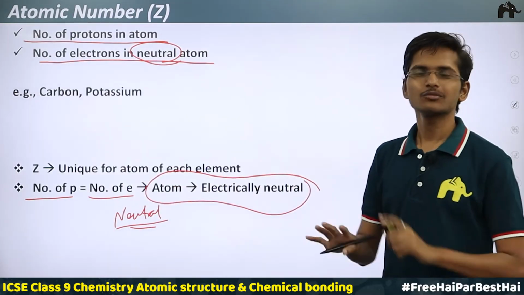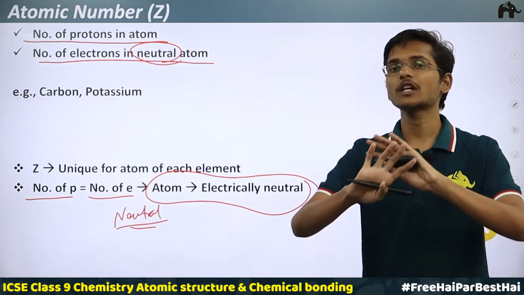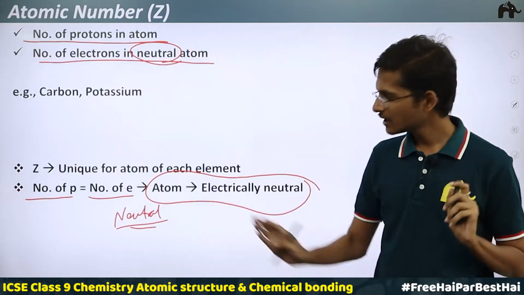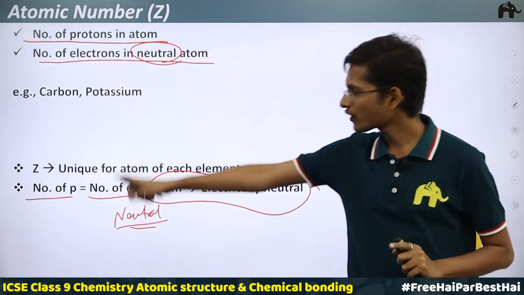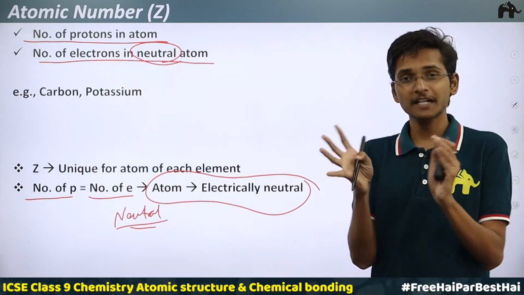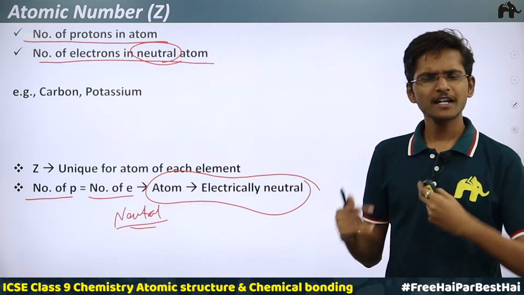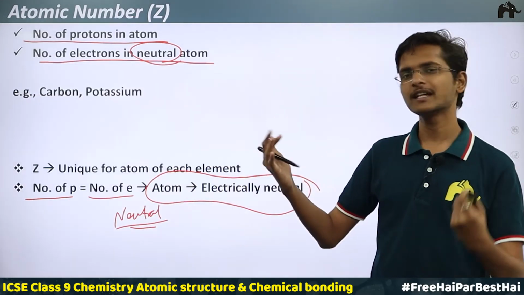So in short, whenever we have an atom and it is not having any charge on it, we can clearly say that the number of protons and the number of electrons are the same in that atom, because our atom likes to maintain electrical neutrality. Our atom doesn't want the positive charge to exceed the negative charge.